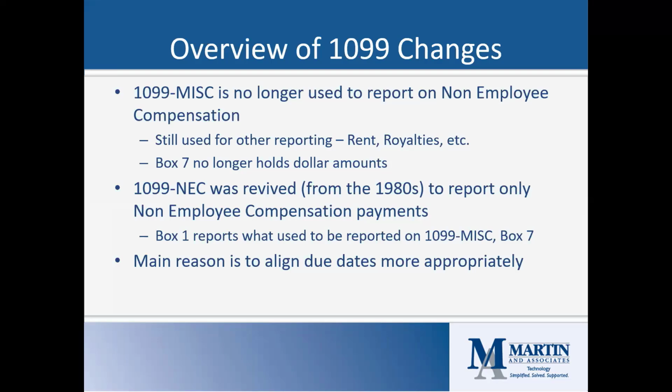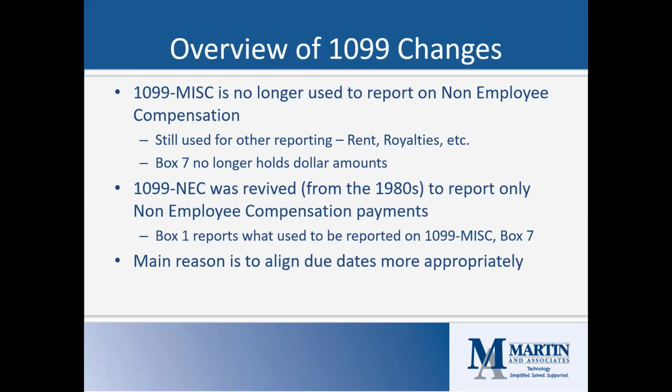So the 1099 NEC is now what you use to report non-employee compensation. And that form was actually used a long time ago, back in the early 1980s, so it's being revived. Box 1 reports what used to be reported in box 7.